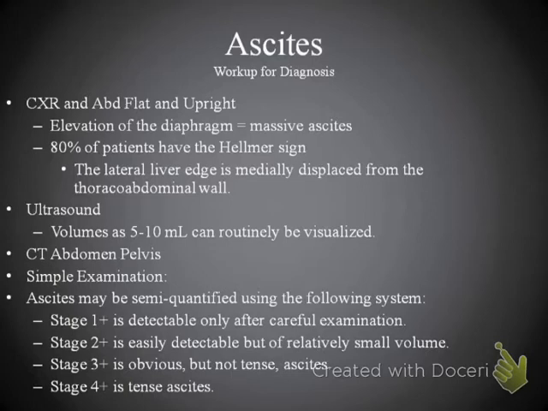If we see elevation of the diaphragm, it is indicative of massive ascites. 80% of patients have the Hellmer sign, and this is when the lateral liver edge is medially displaced from the thoracoabdominal wall. And so there's a change in the liver that the radiologists look for, and for the attending physicians.